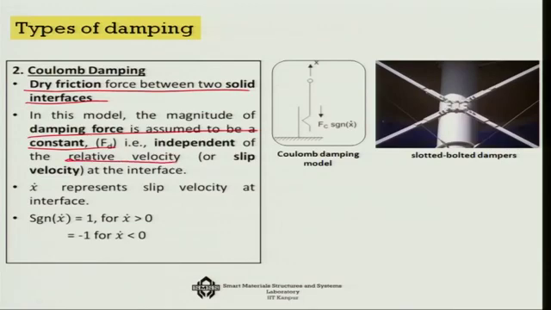However, there is a signum function that governs. The signum function is positive for positive velocity and negative for negative velocity. That is how the damping force will change its direction, change its sign. So, that is for the Coulomb damping. These are the two very important dampings, viscous damping and Coulomb damping.